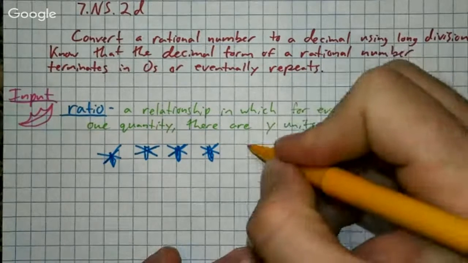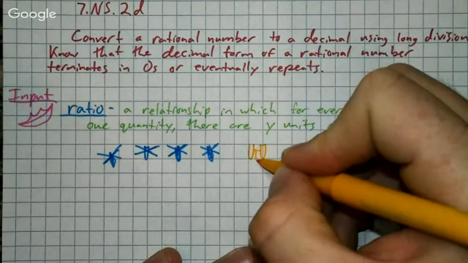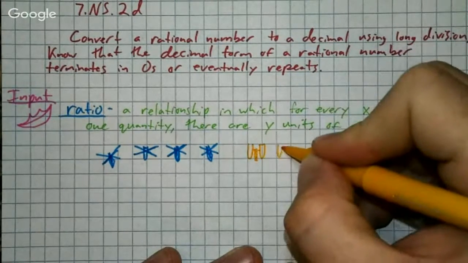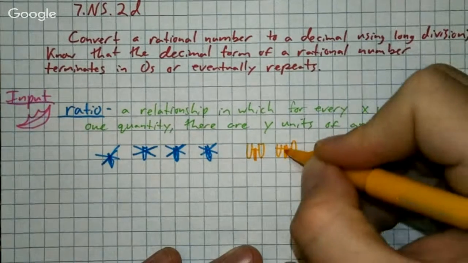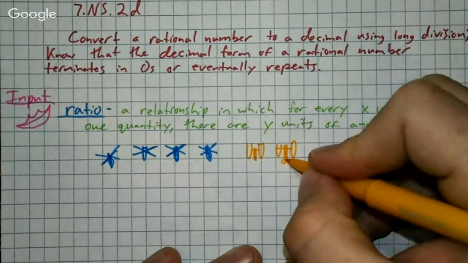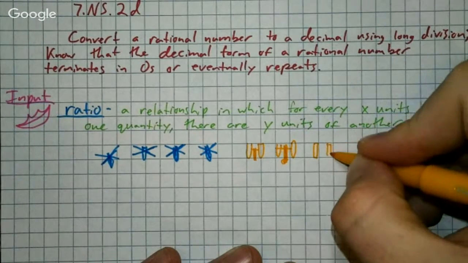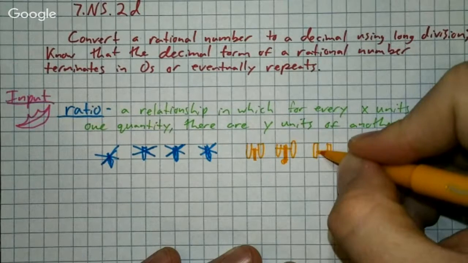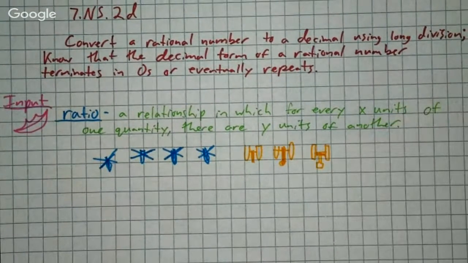And our Y value are going to be our Y wings. I know they're terrible. Oh, there's a better one. Much better. Okay, so a ratio is a relationship in which for every x units of one quantity, there are y units of another.